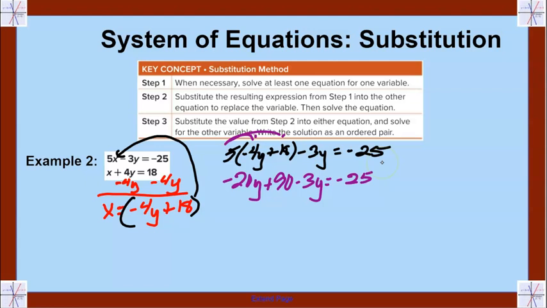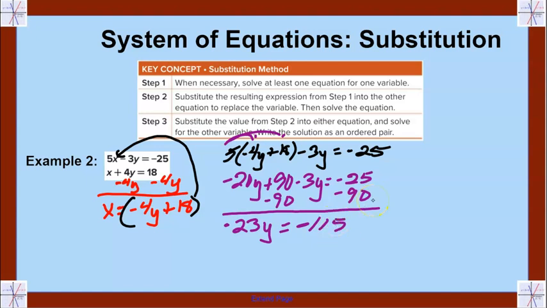I want to get the y's together. That means I don't want this 90 here, so I'm going to subtract 90 on both sides. And this gives me -20y minus 3y is -23y equals -25 minus 90 is -115.